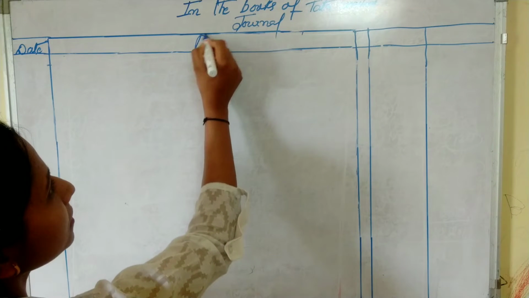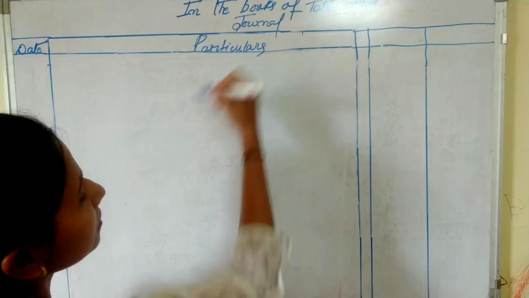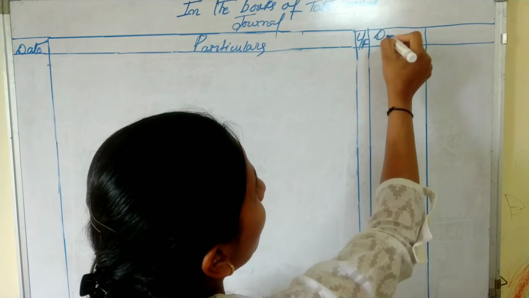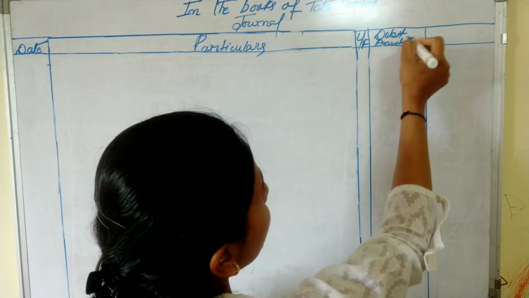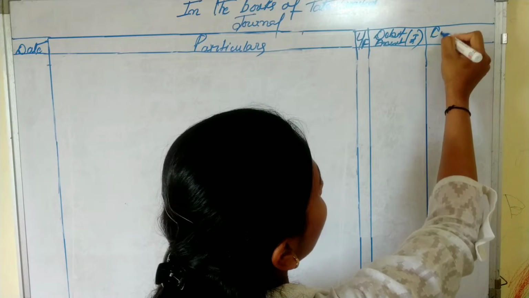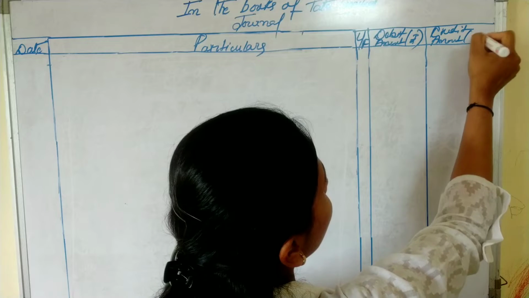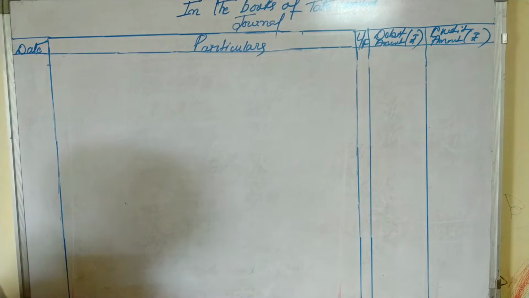Second column is particulars. Third column is ledger folio. Fourth is debit. We'll write the debit amount and we'll give the symbol of rupees. And the fifth column is the credit column. So this is the format of our journal.